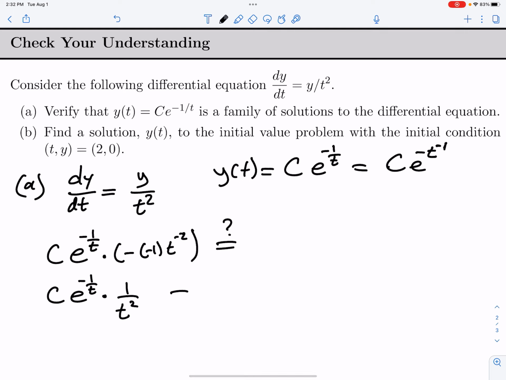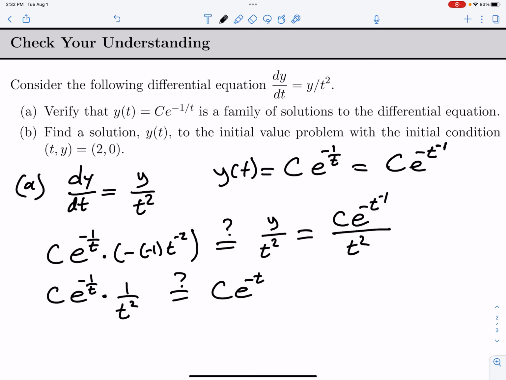And then the question is, is that equal to y over t squared? Well, what is y? y is the function, in this case c e to the negative t to the negative 1, over t squared. I could write that as c e to the negative 1 over t times 1 over t squared, because the t squared is in the denominator.